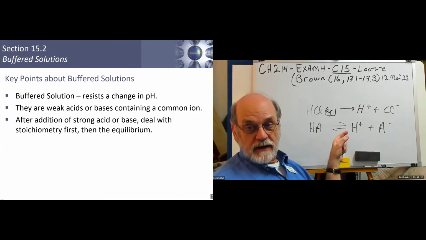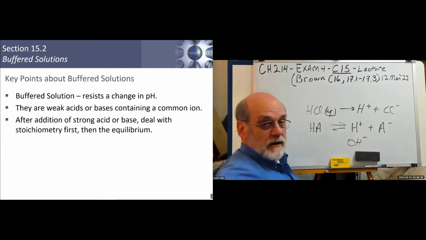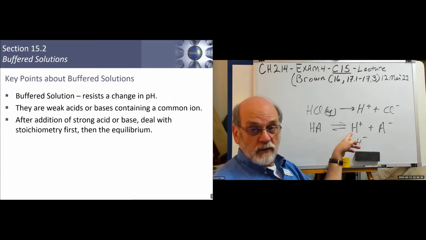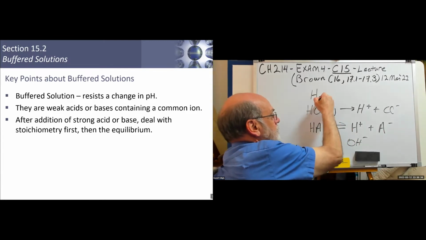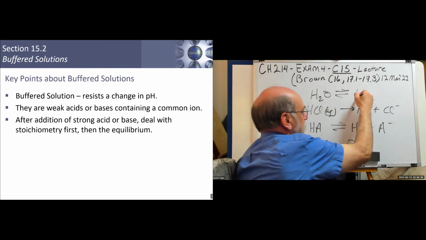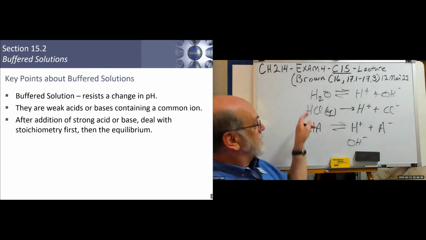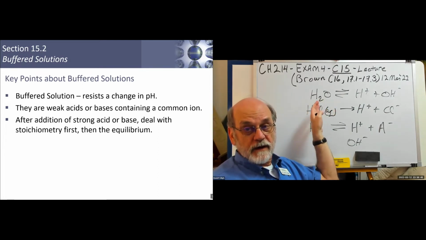If you add a base to this situation, if you add hydroxyl ions, what will that do? Well, it's not going to combine with this. It's going to combine with hydrogen ions. Why? Water, in this case, is a very, very weak acid.